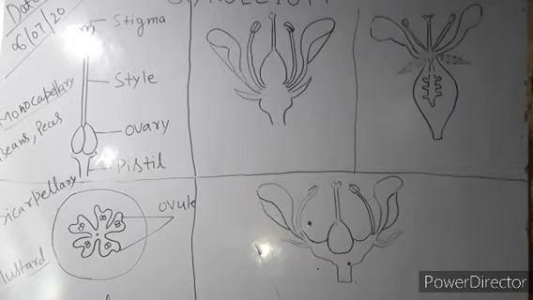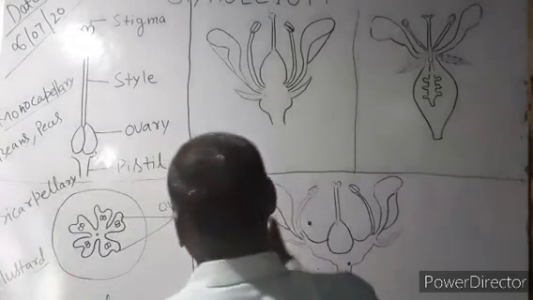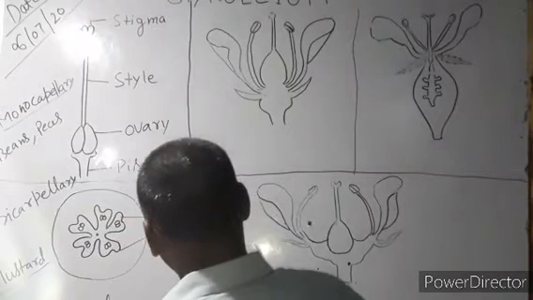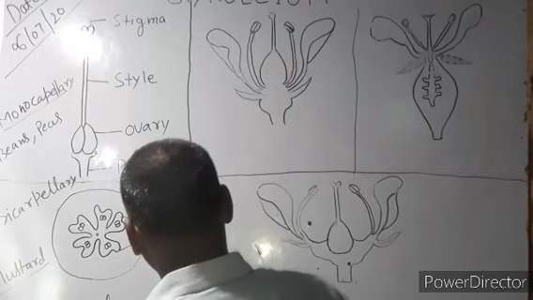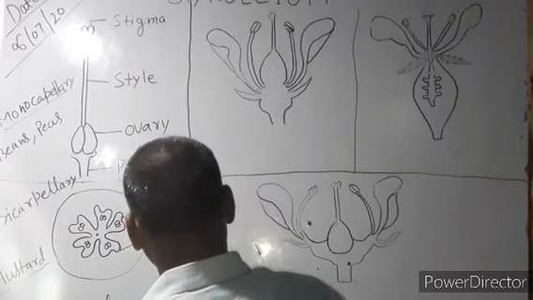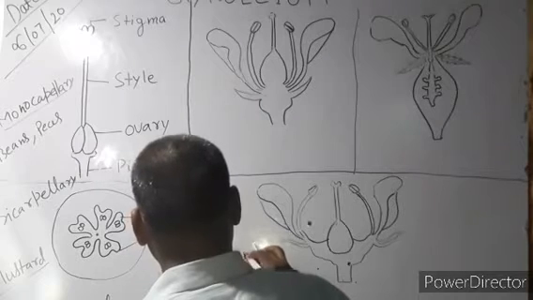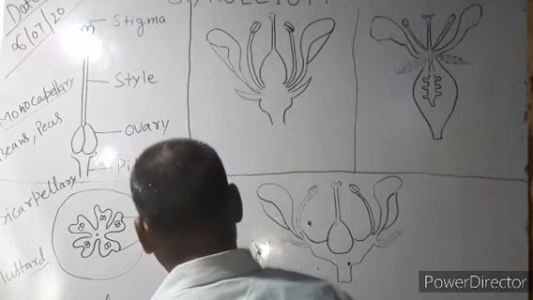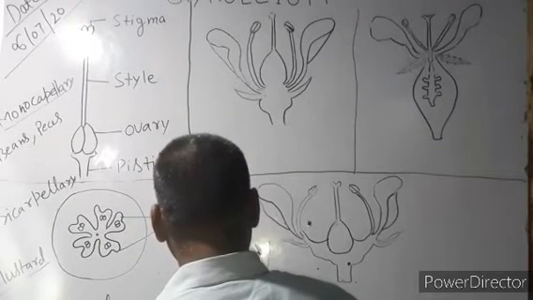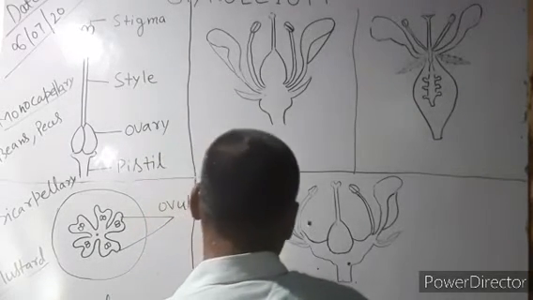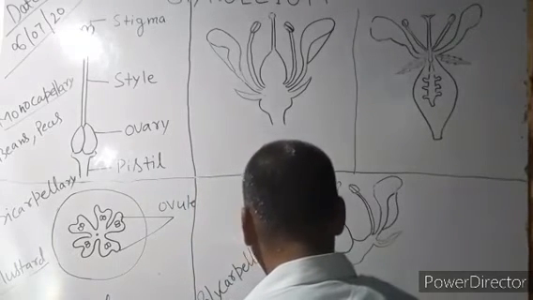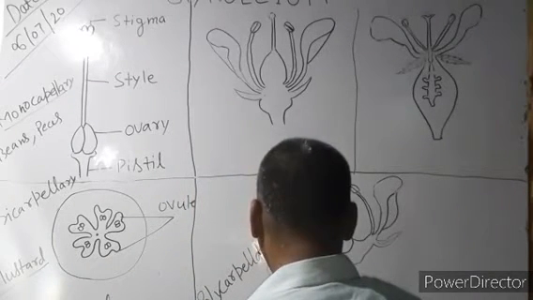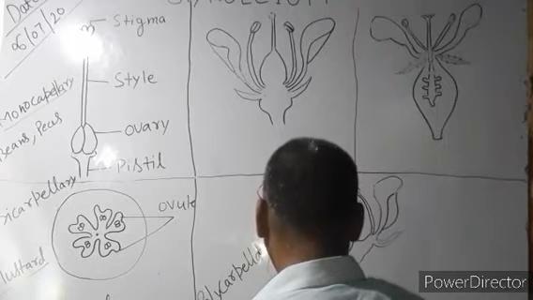Examples of polycarpellary are the magnolia plant and lady's finger.